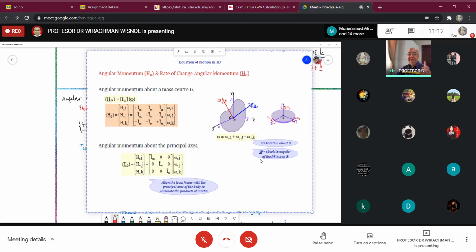If we use the principal axis of the body, usually if the body is symmetrical, so two conditions, we use the principal axis and we have a symmetrical body, so the product of inertia is 0. So we have only the diagonal.